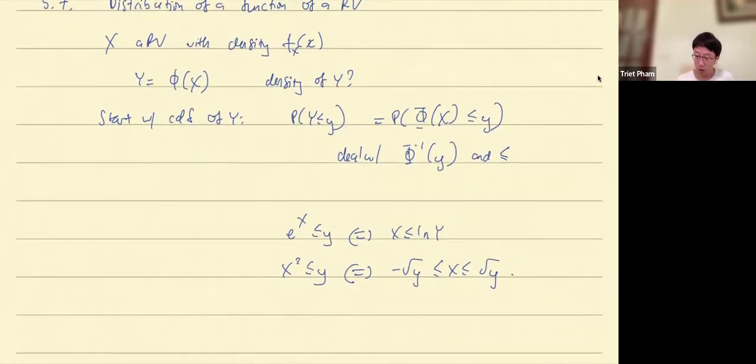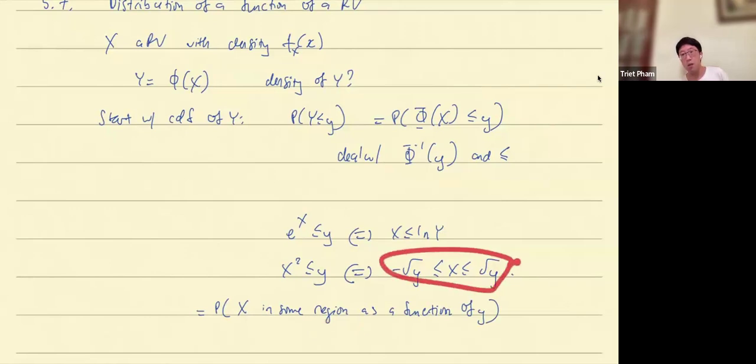But whatever you end up with, after you do this manipulation, you will end up with the probability of X in some region, as a function of little y. Why do I say in some region and cannot be more particular?